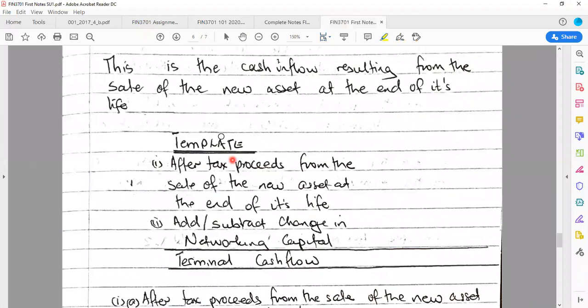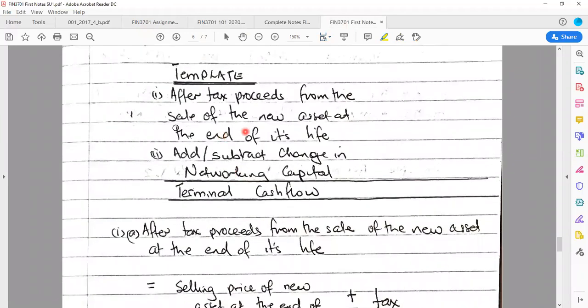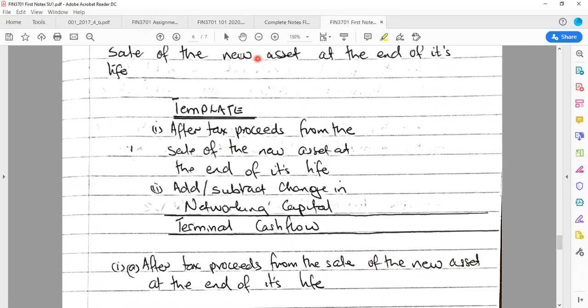And to calculate this terminal cash flow, we use the following template. We take the after-tax proceeds from the sale of the new asset at the end of its life, and then we add or subtract the change in net working capital, and then we get the terminal cash flow right there.